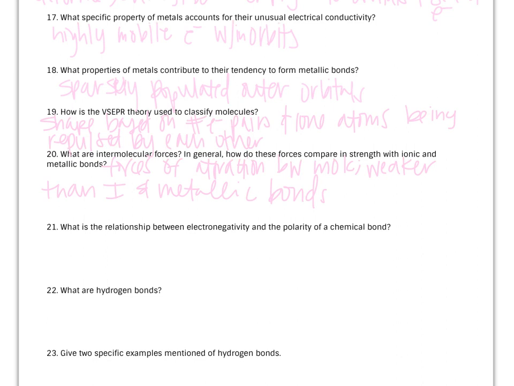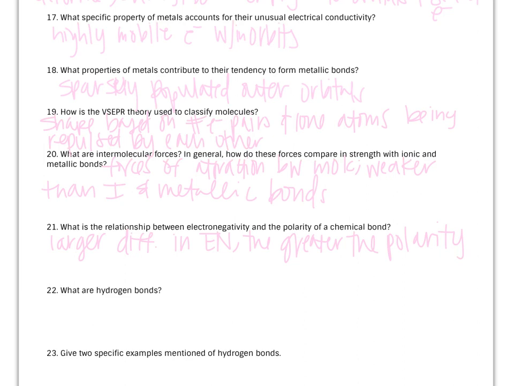Number 21 says, what is the relationship between electronegativity and the polarity of a chemical bond? So basically, the larger the difference in electronegativity, the greater the polarity.